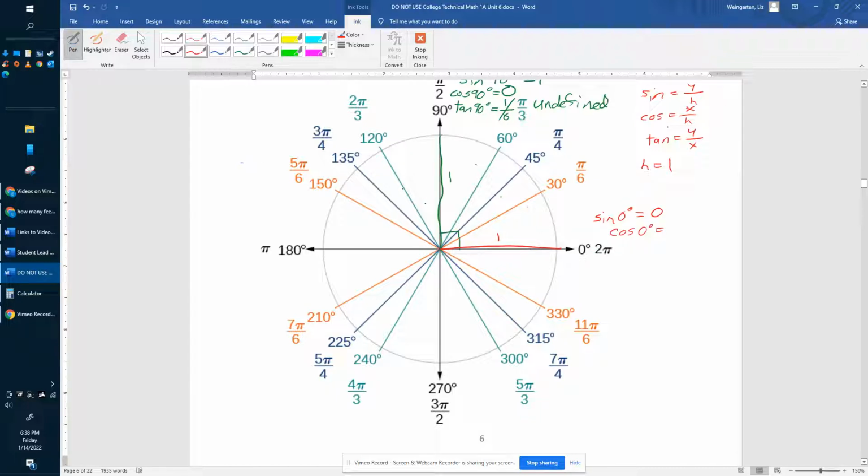Well, cosine is x over 1. X, we went over 1 because the hypotenuse is length 1. So cosine is 1 over 1, or 1. Tangent is y over x. Y is 0. X is 1. We get 0.